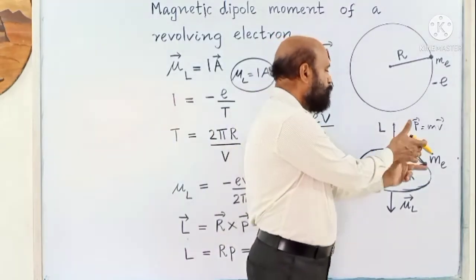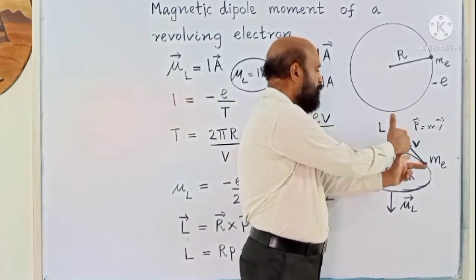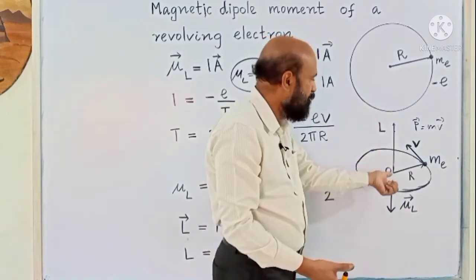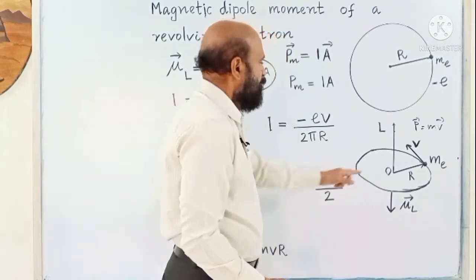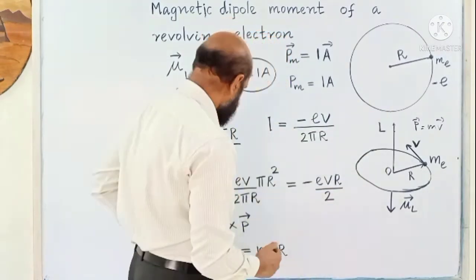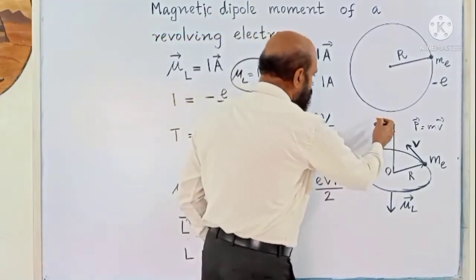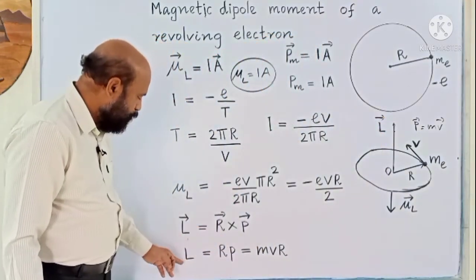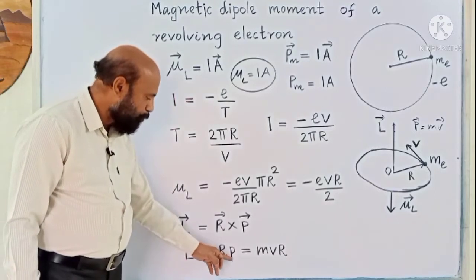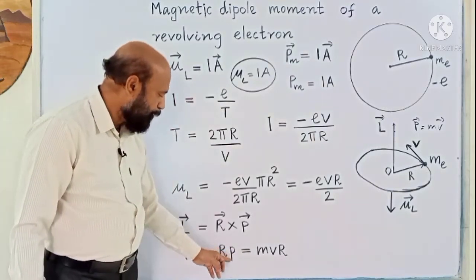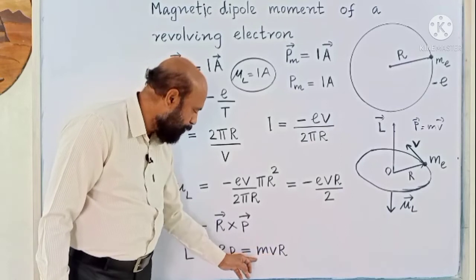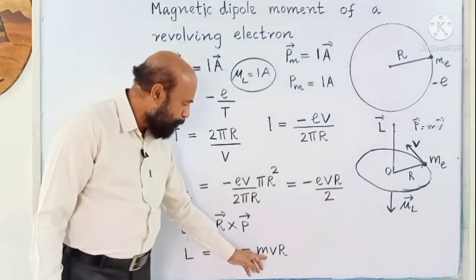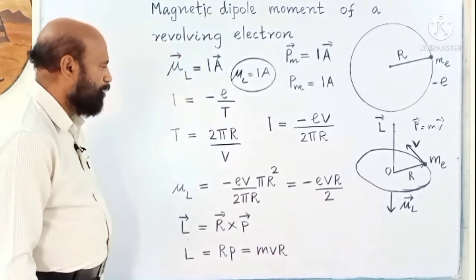So r vector cross p vector, r cross p, is directed in this direction, upwards. This is the L vector. Then in magnitude, we can write L is equal to r into p. P is mass into velocity, then this r. So angular momentum is m v r.